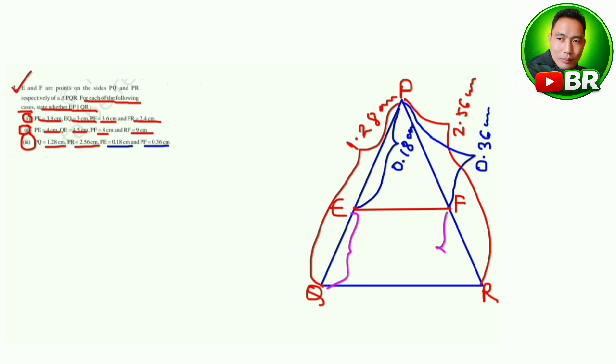Okay, now firstly, here we need to find EQ and FR. So let's find over here, EQ will be PQ minus PE.